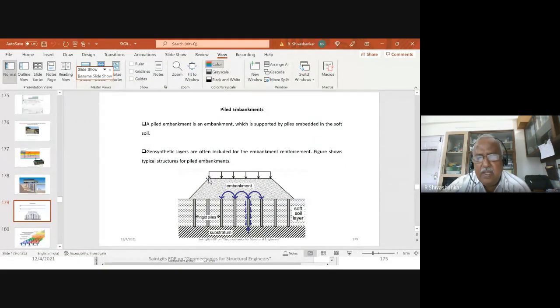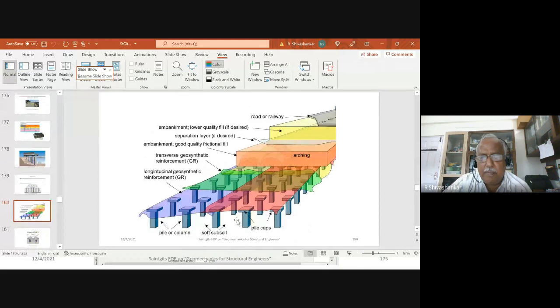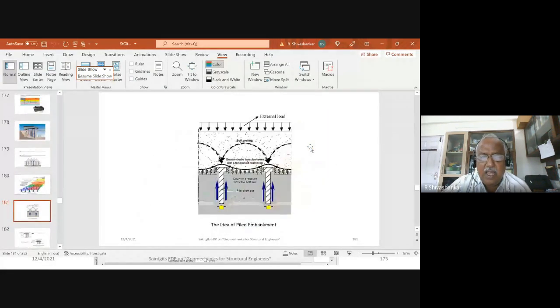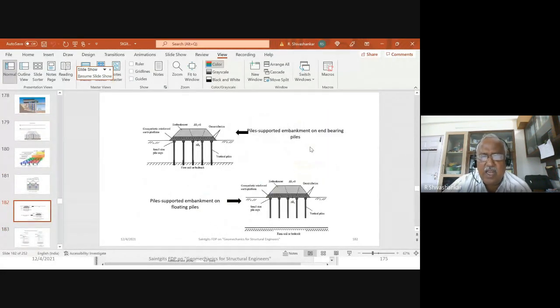So here the load is transferred by arching action. So that means the piles, there's a geogrid, and then you have the different pavement layers. So the arching action is considered. So here again the piles can be end bearing piles or floating piles, friction piles.